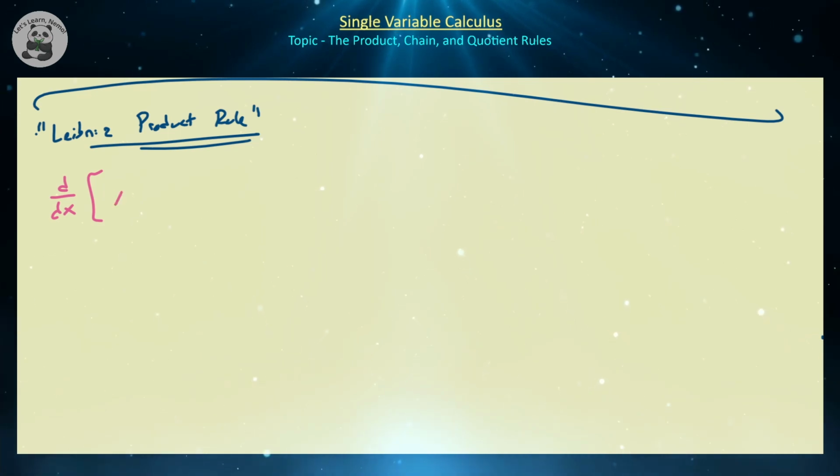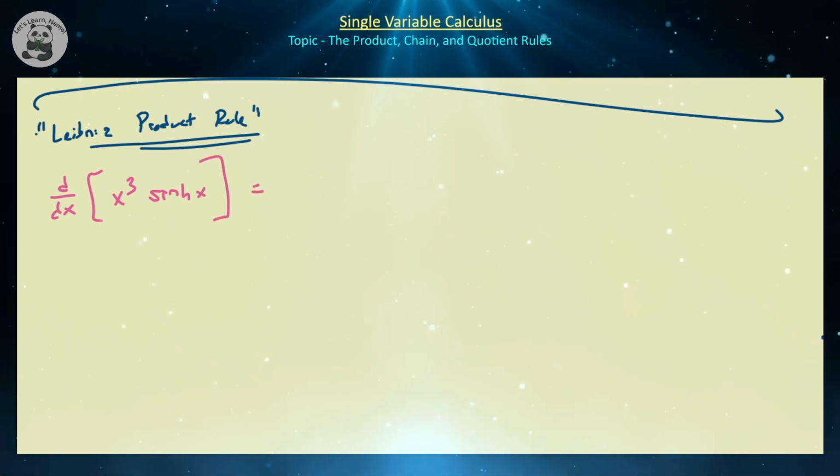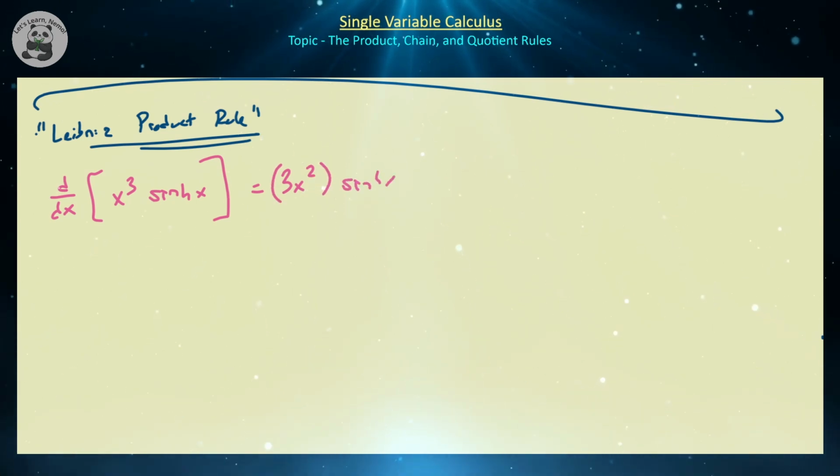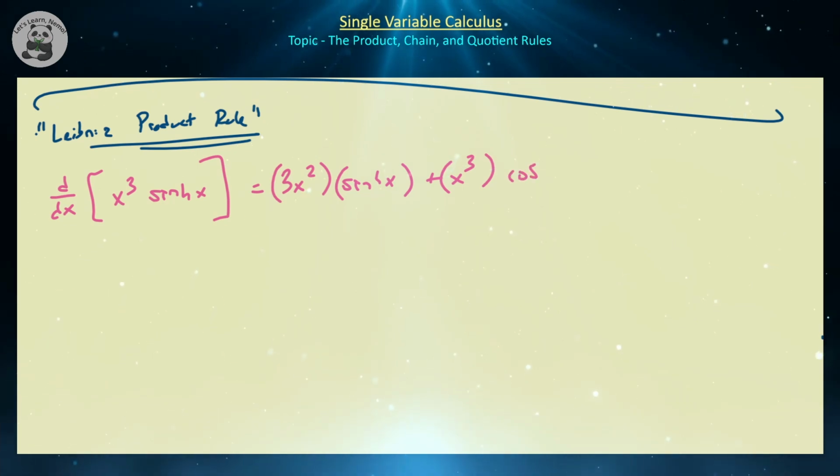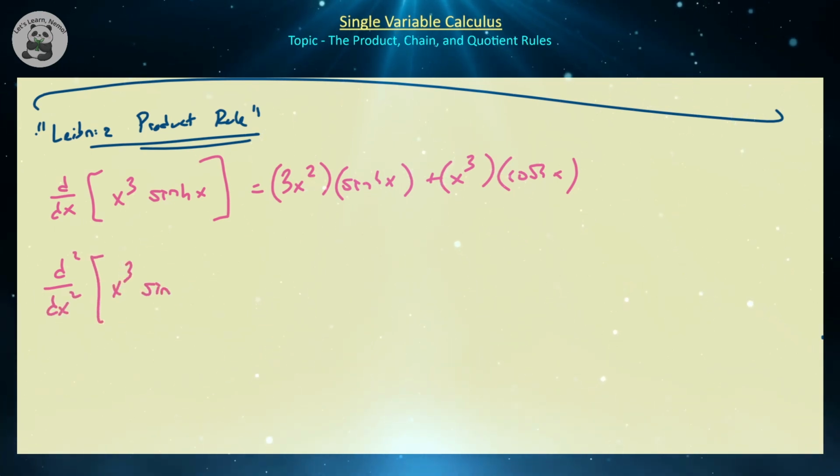What is the derivative of x cubed times, let's do hyperbolic sine of x just for fun, right? So that's going to be equal to 3x squared times hyperbolic sine of x, and then plus x cubed times hyperbolic cosine of x.